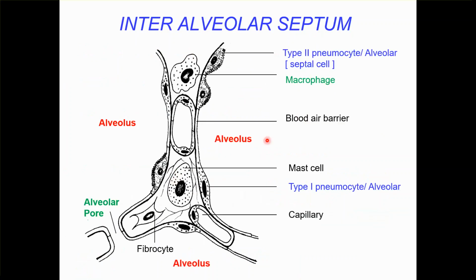Let me explain. The air is coming here with the carbon particles and dust particles. It is taken up by the type 1 pneumocyte. From the type 1 pneumocyte, it will be transferred to the macrophage. Once this macrophage is loaded, it will migrate back into the alveolus, travel to the pharynx, and come out as sputum.